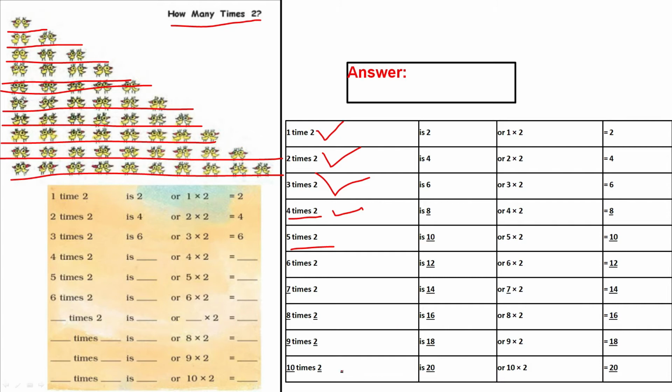So just you can find the answer. 1 times 2 is 2, 2 2s are 4, 3 2s are 6, 4 2s are 8, 5 2s are 10, 6 2s are 12. Like that you can write the answer for all the multiplication.